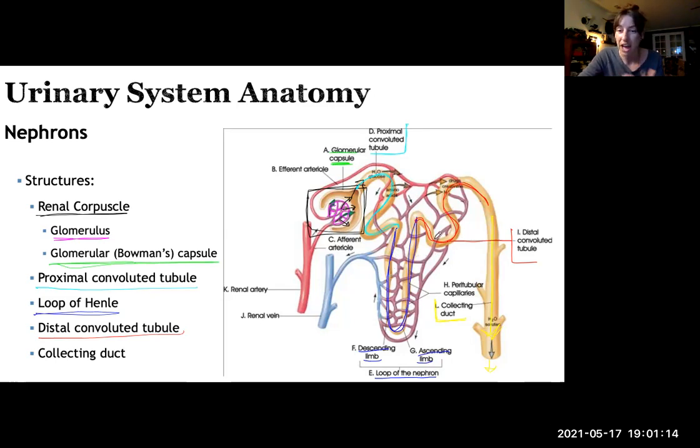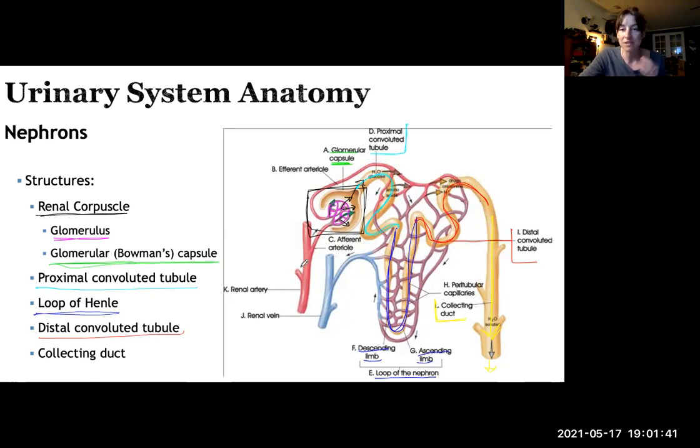We are pulling more stuff out of the bloodstream and putting it in the nephron. That's all happening here between the proximal and distal convoluted tubules, ultimately resulting in deoxygenated blood, which contains everything that we decided not to discard in the urine, which is going to end up going back out of the kidney via the renal vein, okay?